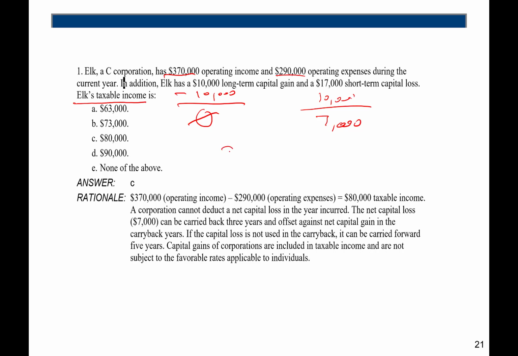It's simply the $370,000 minus the expenses of $290,000, which gives me $80,000. Okay. Now, what are they going to do with that $7,000? Either carry it back or forward. It does not affect this year, right? Okay. All right. Good.